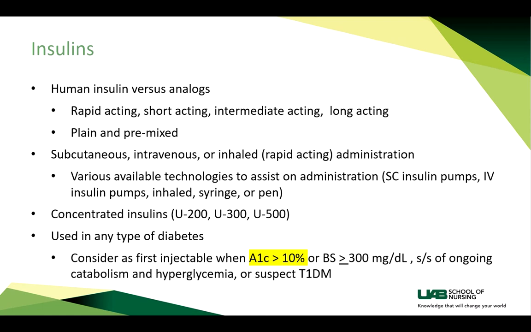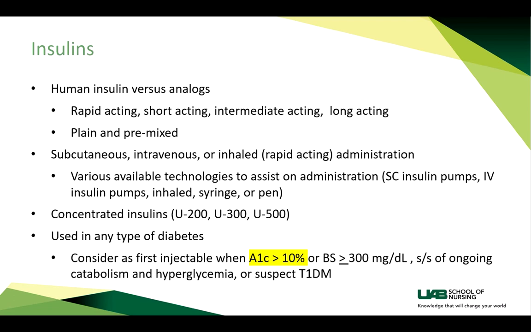And we know now that based on the standard of care as outlined by a consensus guideline from the American Diabetes Association and the American Association of Clinical Endocrinologists, that right now we consider insulin as the first injectable when an A1C is greater than 10%, or blood sugars are greater than or equal to 300 milligrams per deciliter, when you have ongoing signs and symptoms of catabolism.